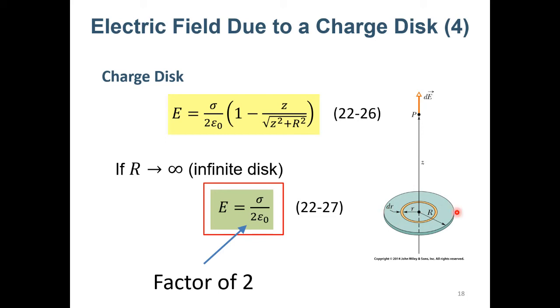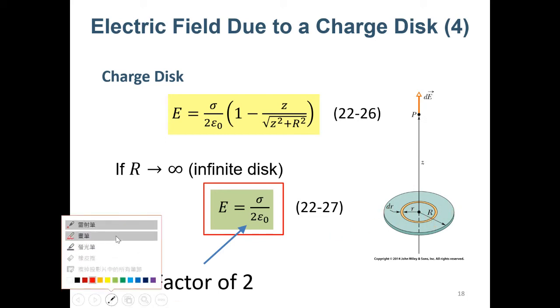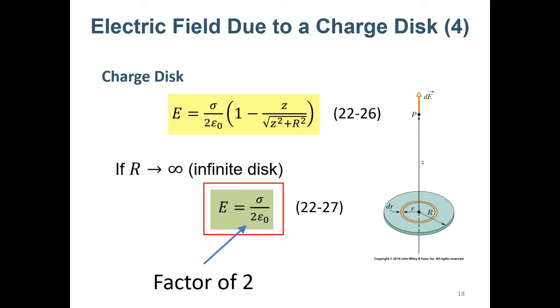So for this case, suppose we consider the cross section. Maybe I just put the disk something like this, and then it goes to infinity. I cannot draw to infinity, so just imagine it is infinity. It will generate the E field on the top, pointing upward, and generate the E field pointing downward at the lower part.